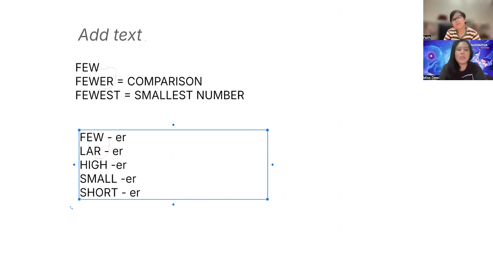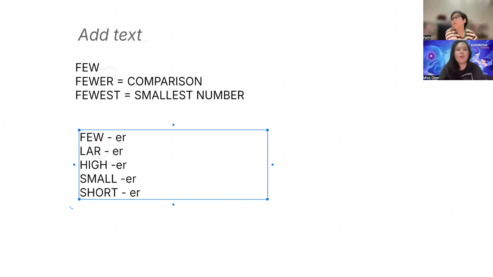And usually they will be followed by these words: fewer than, larger than, same, higher than, smaller than, shorter than. And the rest, after that, is the other object that you compare.